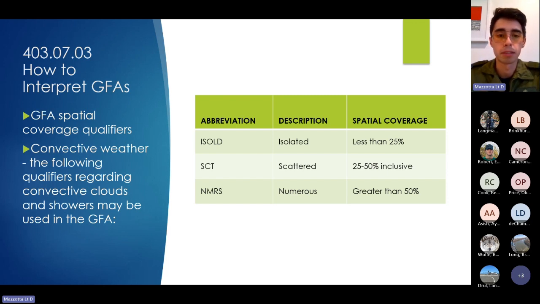Scattered is about 25 to 50%, and then numerous would be greater than 50% of that area. If this doesn't make sense to you right now, when I show you a GFA, you'll probably see some isolated or scattered on there, and that'll hopefully give you a better understanding of what I am telling you here.